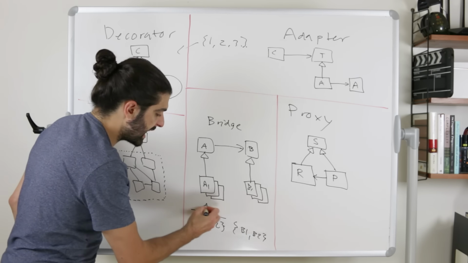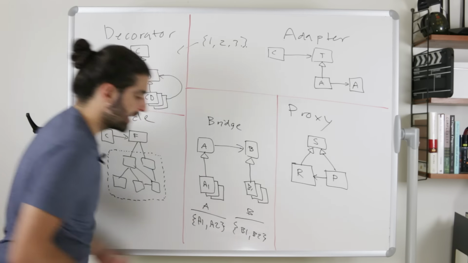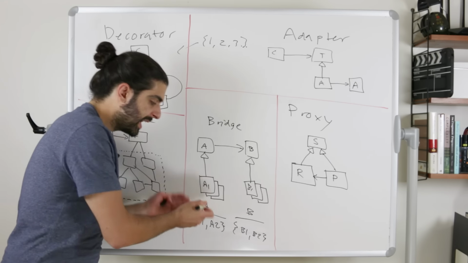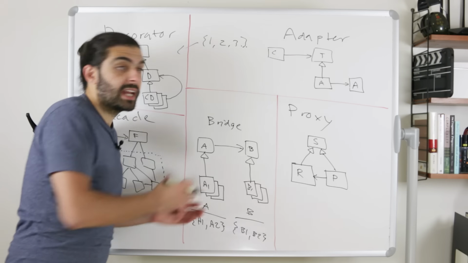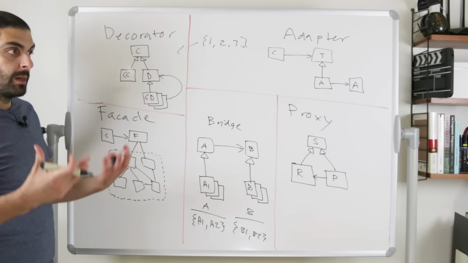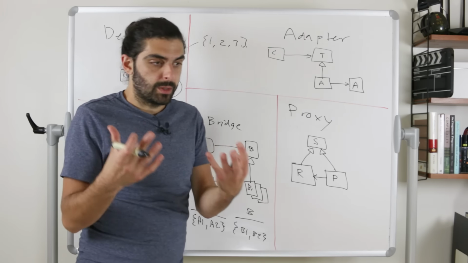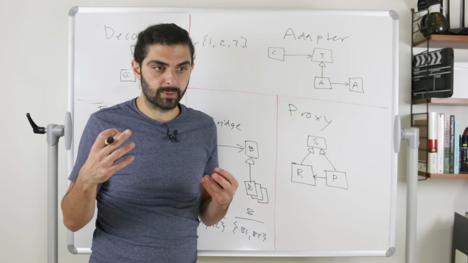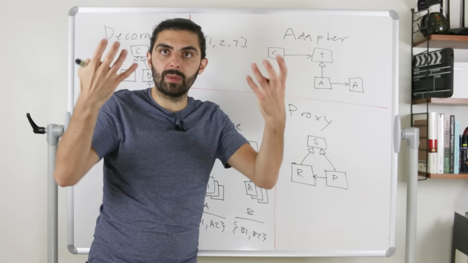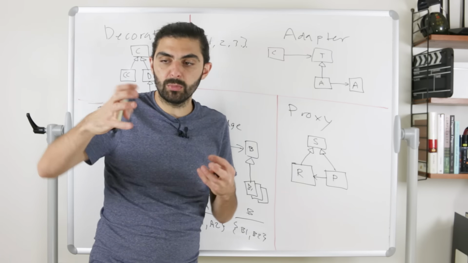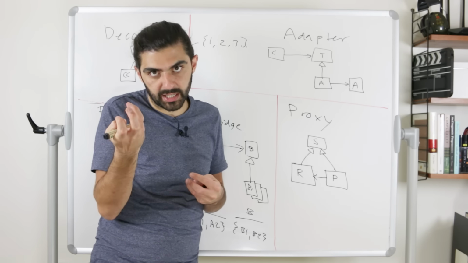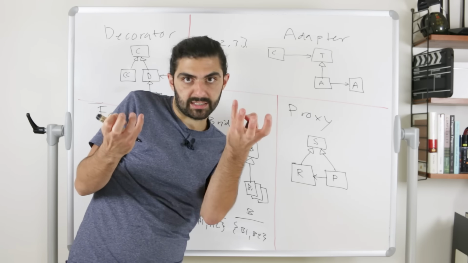So we have the set of A's and we have the set of B's. And the point is that we want to be able to combine anything from set A with anything from set B. So let's think about it this way, you have two things that you want to be able to do. And you have multiple ways of doing the first thing, and you have multiple ways of doing the second thing.